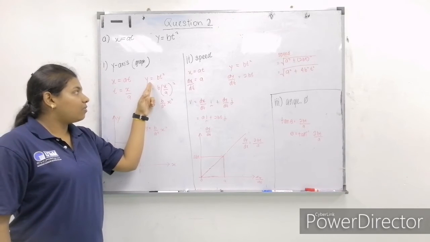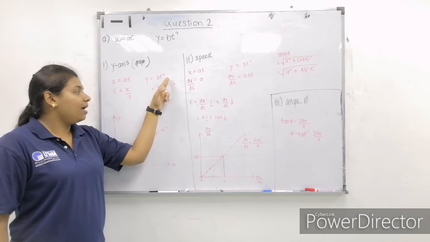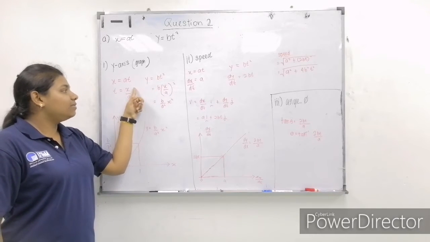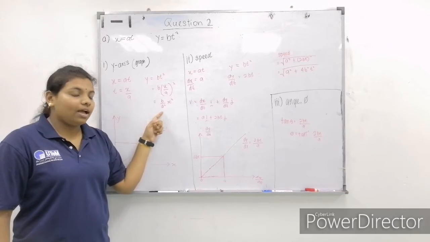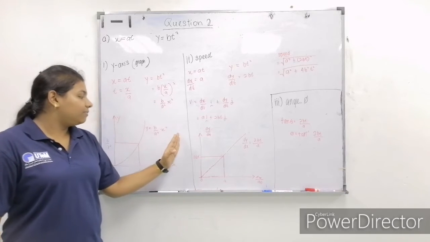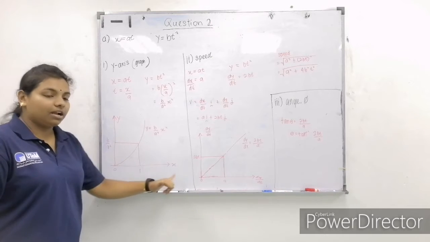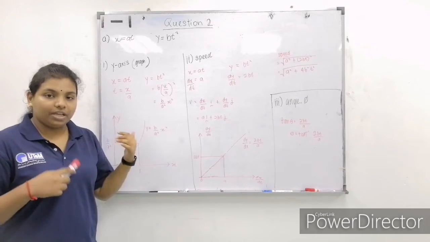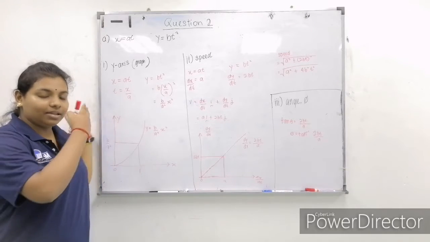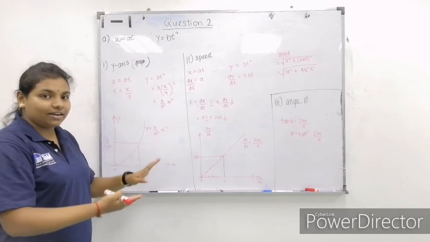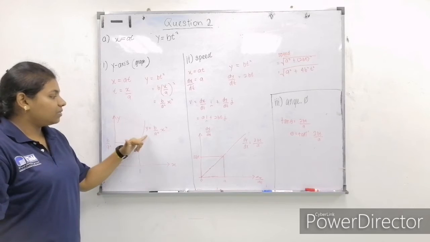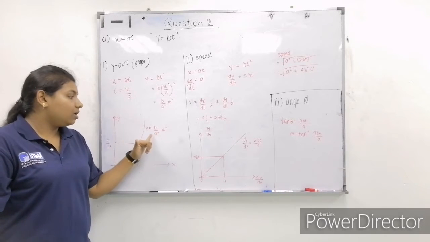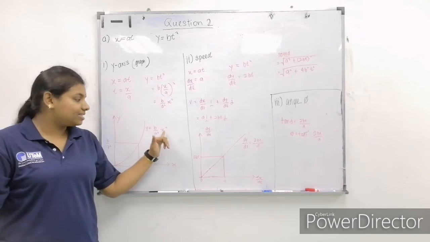For y equals bt squared, the t value is substituted into y, so we get b over a squared times x squared. Actually, we would get a quadratic graph with left and right sides, but we only take the positive side. So the equation for the graph is y equals b over a squared x squared.